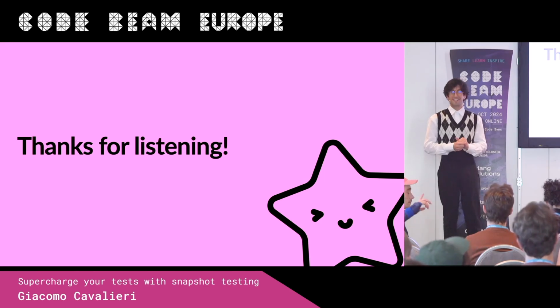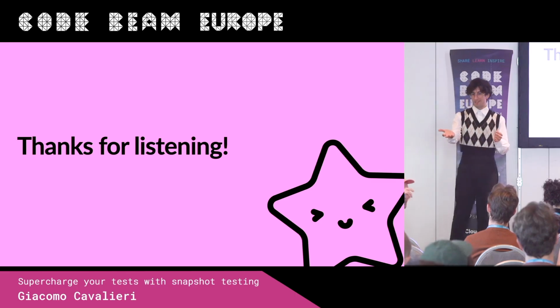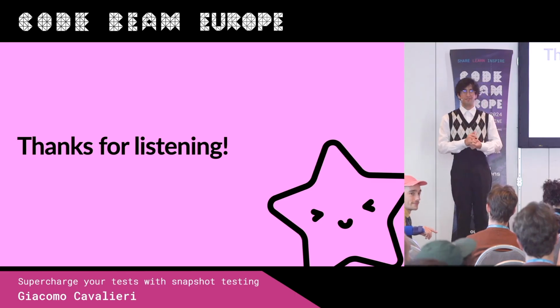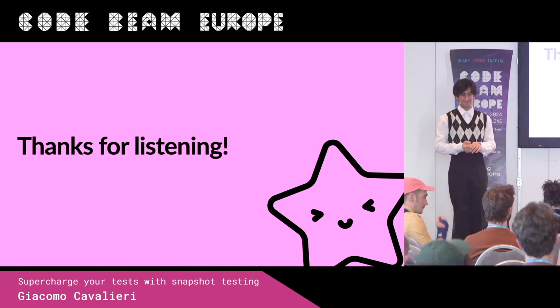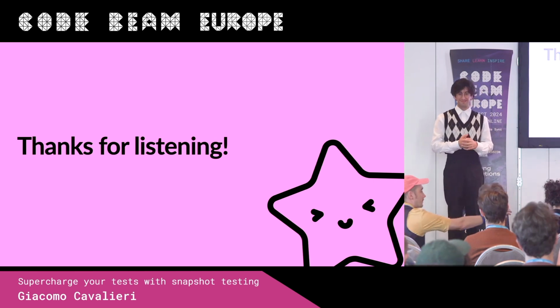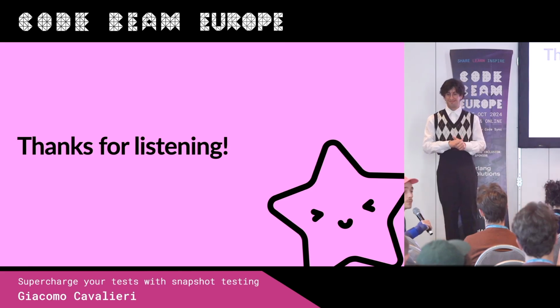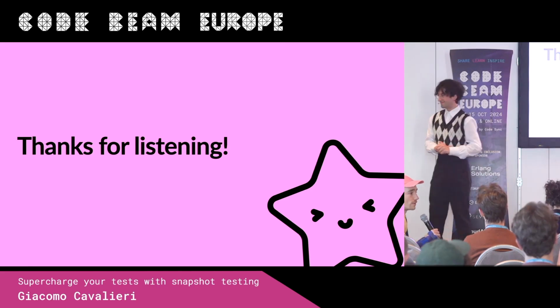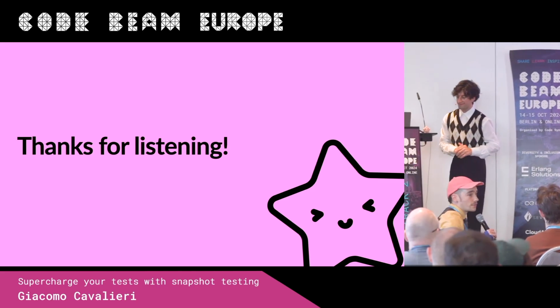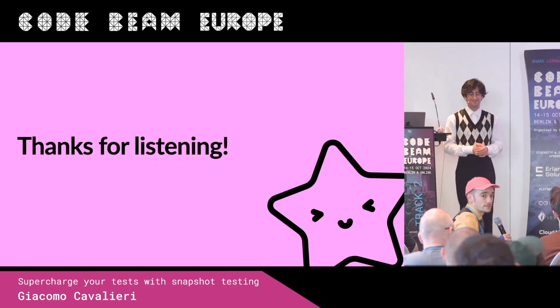No, I haven't. Maybe Louis can weigh in on that later. We did a big migration, moving all of those from example tests to snapshot tests, and there was no noticeable difference.